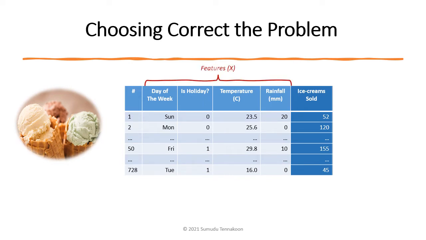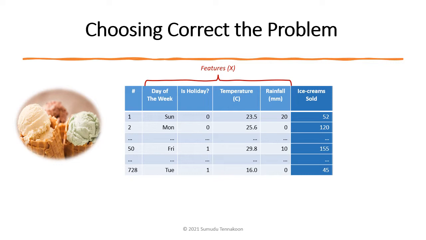Now think about what kind of problem this is from your previous lessons, and also try to understand what the features are. As you see here, we can take day of week, is holiday, whether it's a holiday or not, and the temperature and the rainfall of that day as features. And then what is the target variable, or the y variable, you will be using?